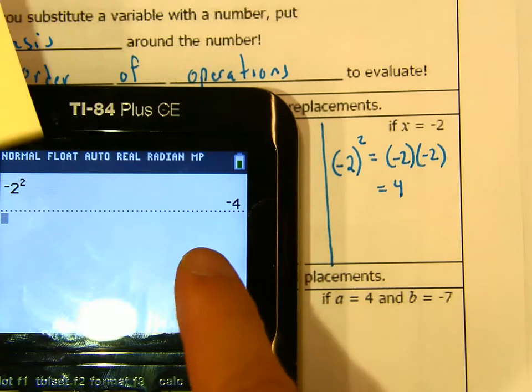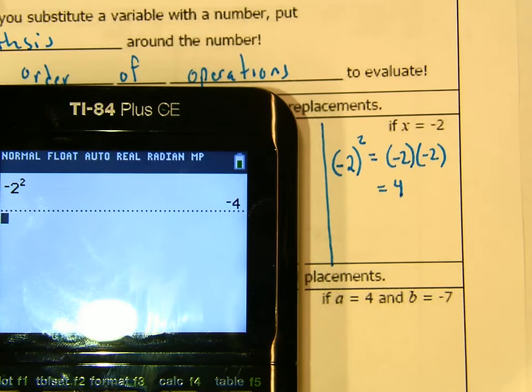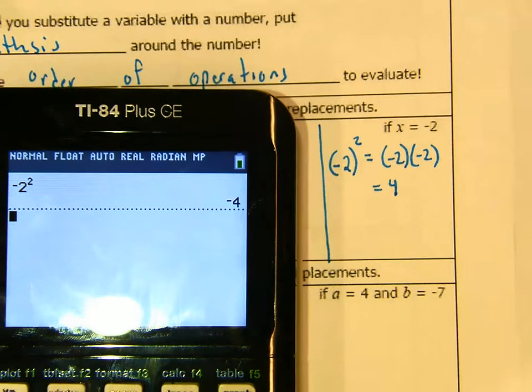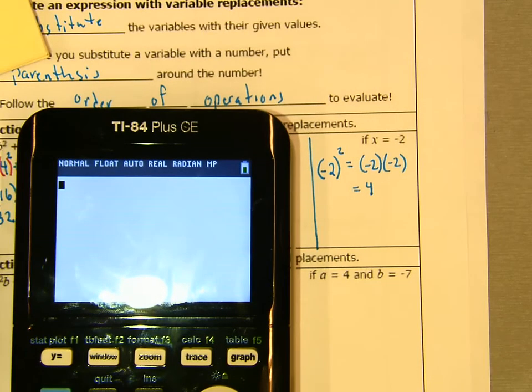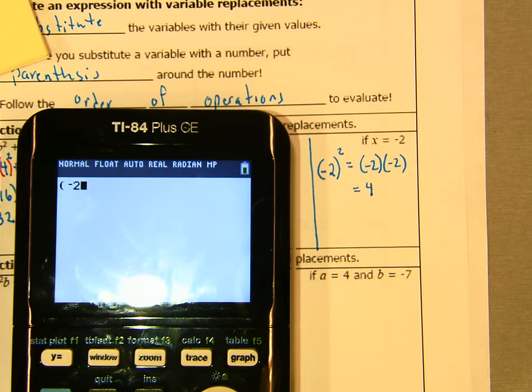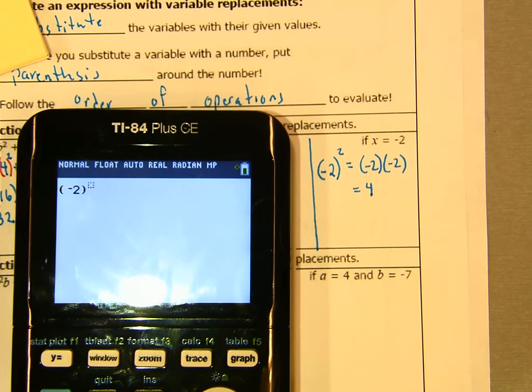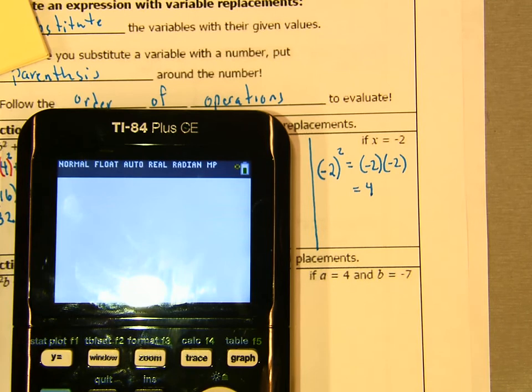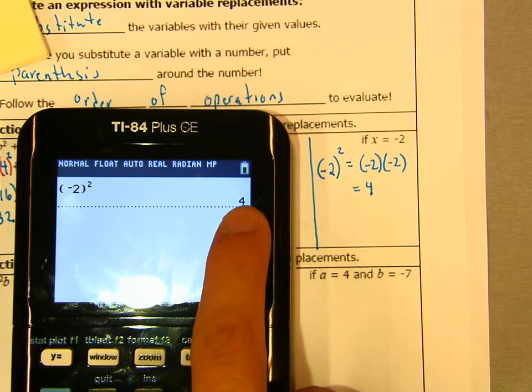So then how do you actually tell the calculator to do what you want? What do you think you would have to do? Make sure you put parentheses. You see here, if I do parentheses, -2 close the whole thing squared, now I'm telling the calculator -2 squared, and now it gives me 4.